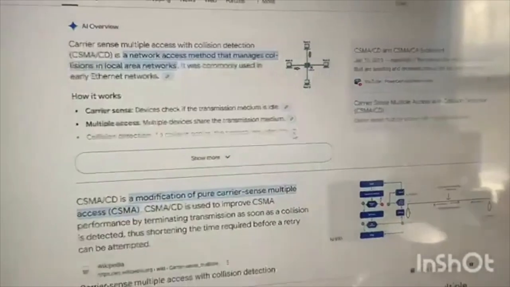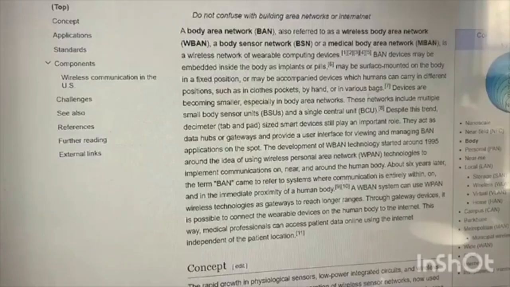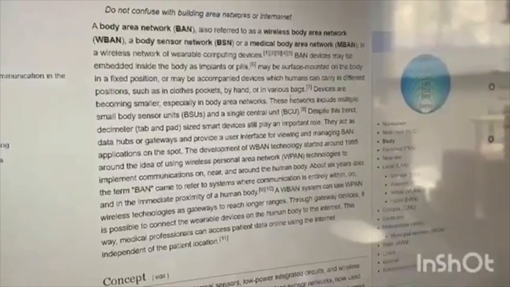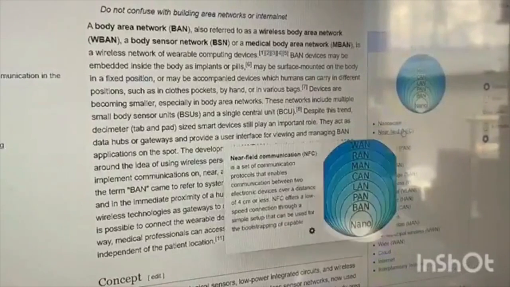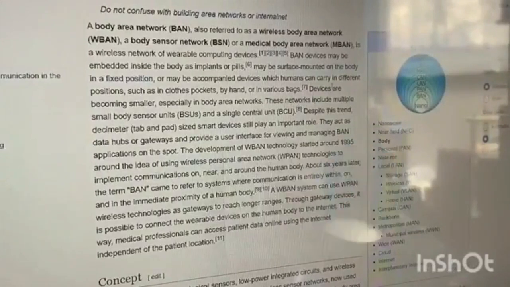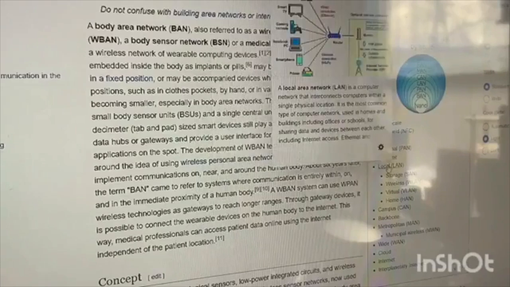So, carrier sense multiple access with collision detection is about network access methods that manage collisions in your local area network, which, if we go back over here to the body area network, you will see that it says nano, then the near field channel, then your body area network, the personal area network, near me network, a logical grouping of devices, and then the local area network.